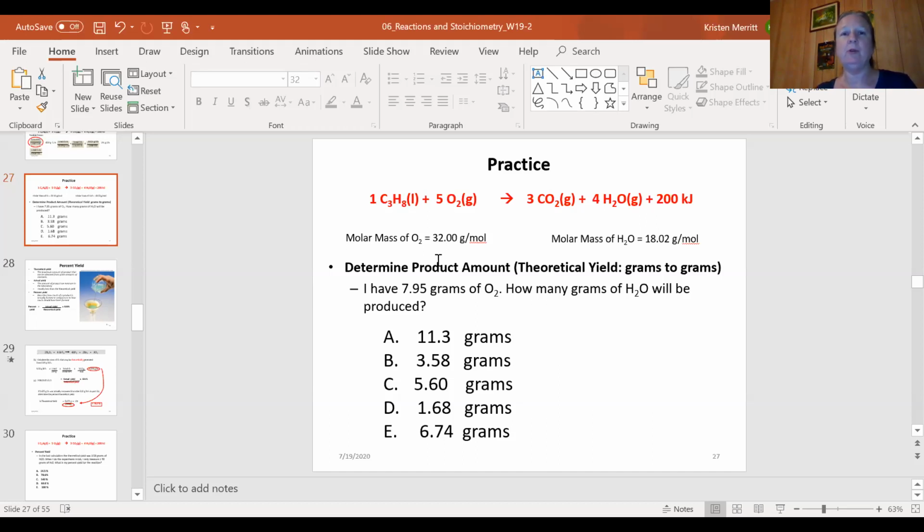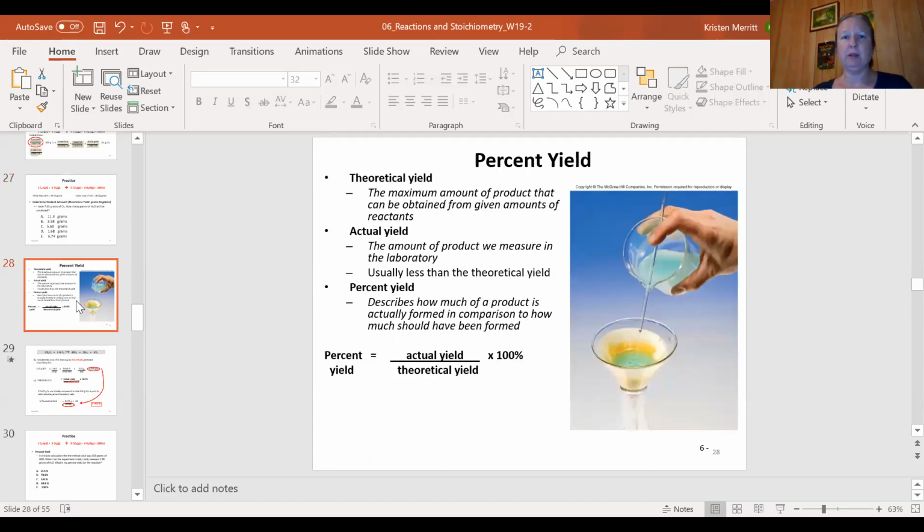Like I said, you could lose a little bit of oxygen or propane to the air. Maybe some of it's not consumed completely. There's just a number of little things that can happen. So we calculate what's called percent yield.